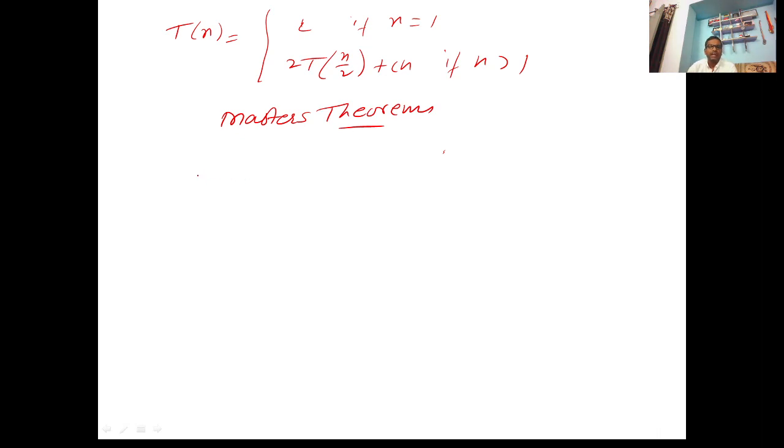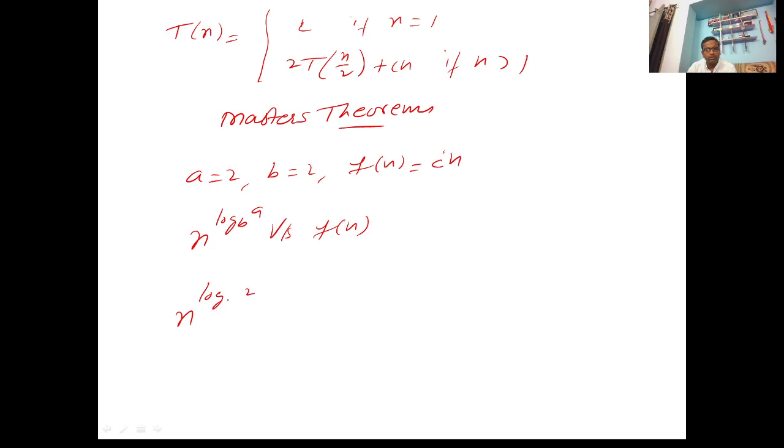In this case, a is equal to 2, b is also equal to 2, and f of n is equal to Cn, or n you may say. Fine. So we need to compare n raised to the power log a base b versus your f of n. It means we need to compare log 2 base 2 versus Cn. This term will become 1, so we need to compare n versus Cn.